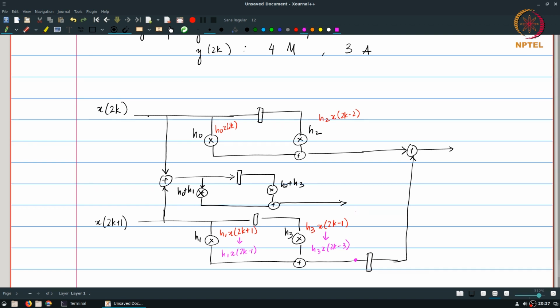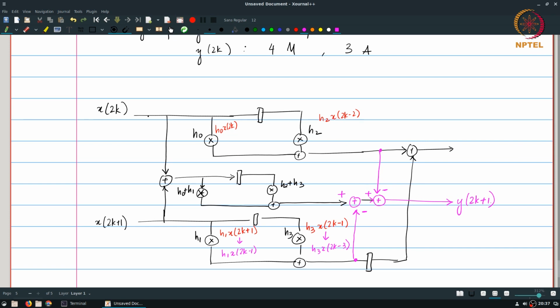In other words, I'm going to tap off from here and subtract that term. Notice the plus and minus signs, and similarly also tap another value that I have over here, where I once again take a plus, but I subtract this term. The result is going to be y of 2k plus 1.